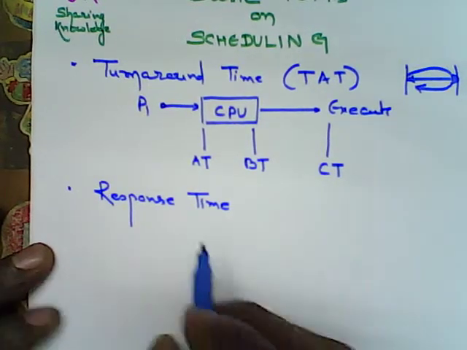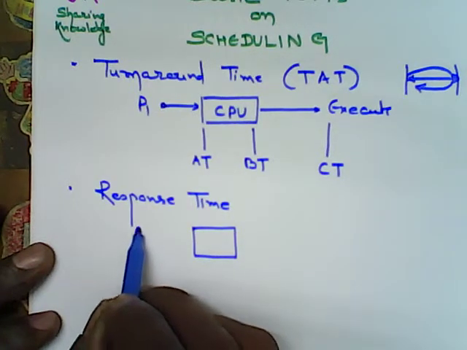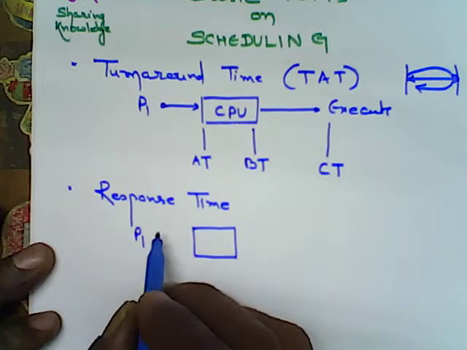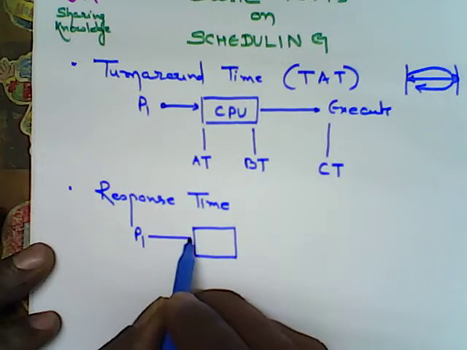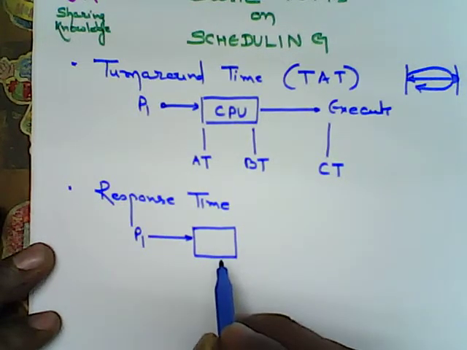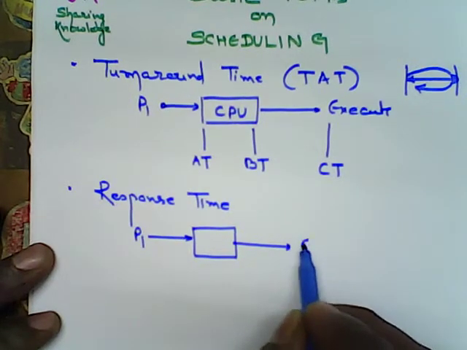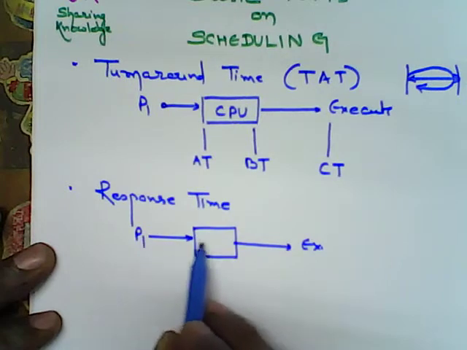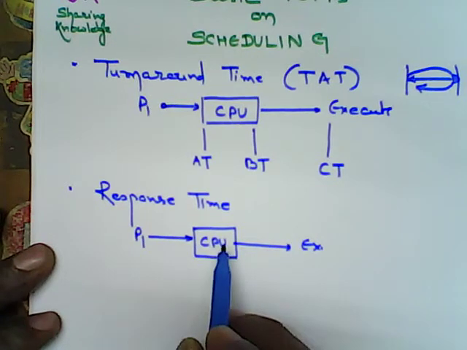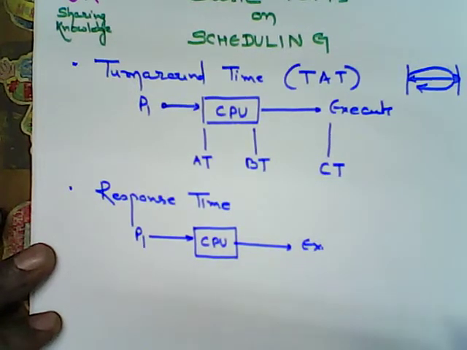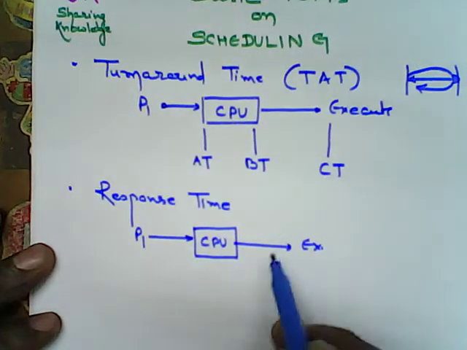That means, suppose this is the CPU, and you are taking a process P1. When a process arrives at the CPU and the CPU executes it, if the process is executable by the CPU in a given time without any delay, such as waiting or any interrupt situations, and it is immediately responding, then that particular term is known as response time.